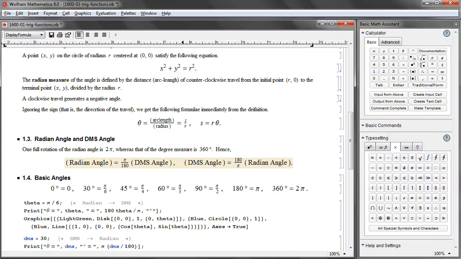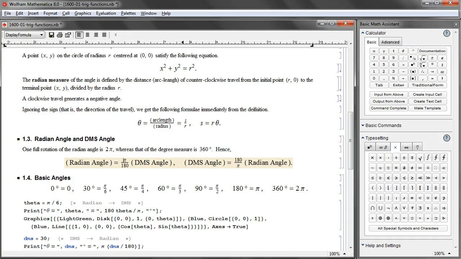The radian angle can be obtained from the DMS measure by multiplying by pi over 180. As a matter of fact, it should have been 2 pi over 360, because 360 degrees is a full revolution and 2 pi is a full revolution. Full circumference is 2 pi r, isn't it? So we need 2 pi. After simplification, you're going to get pi over 180.